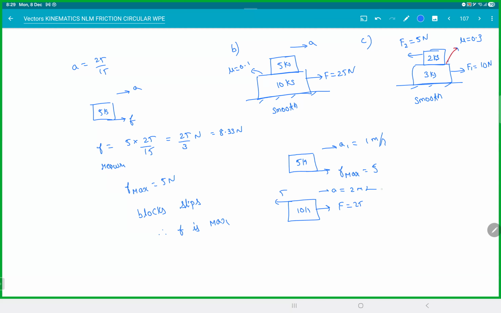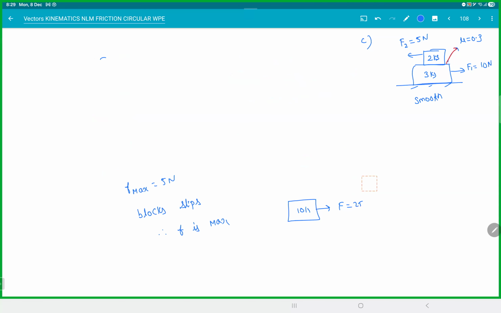Clear with that? What about the C equation? Can you do that? I'll give you a minute. See, if the floor is smooth, it has to move. There is no other alternative.